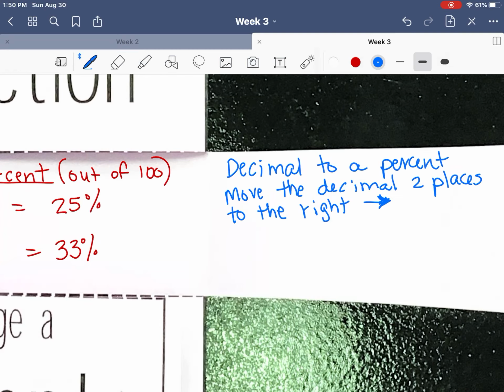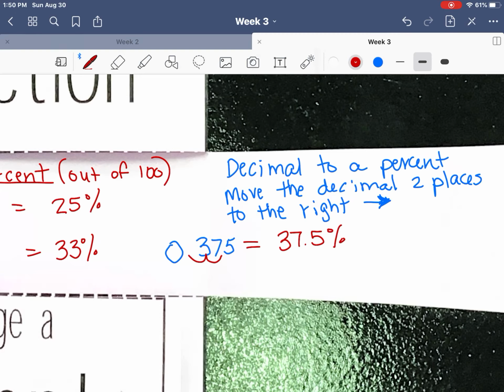Okay, so you might have had the question like, well, Miss Elkins, what if I get a decimal that looks like this? Here, let's go ahead and do that one. It has 3 decimal places. That's 375 thousandths. I still just move the decimal over 2 places. 375 thousandths is equal to 37.5%.